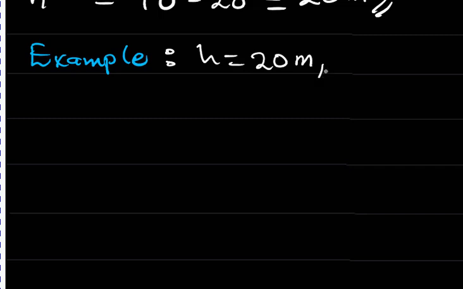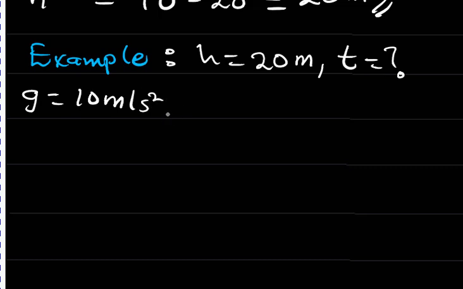What time does it take to reach the ground? So don't forget the parameter g, which is 10 meters per second squared. And don't forget that when an object is dropped from a height, it starts from an initial velocity which is 0.